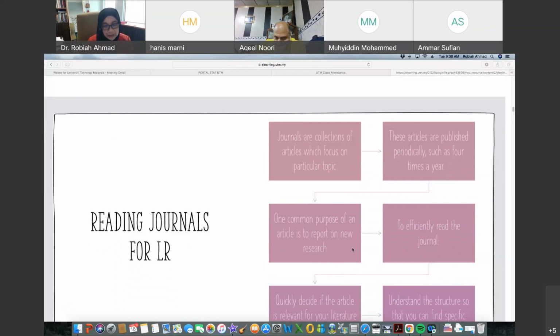And we as researchers, when we start embarking on this journey, want to know what the new research is, what the new ideas are that researchers in our area are doing. We don't want what we're proposing to be the same.